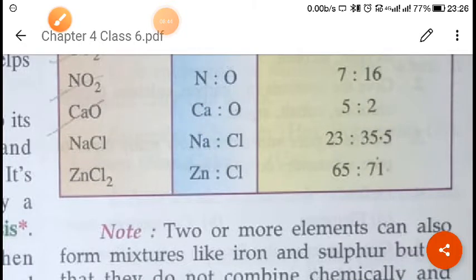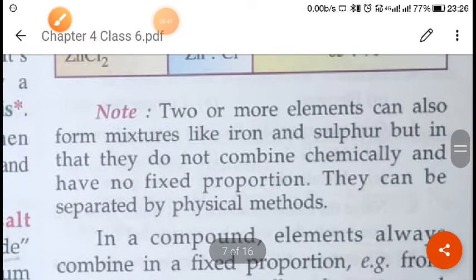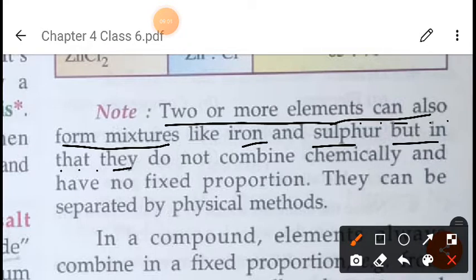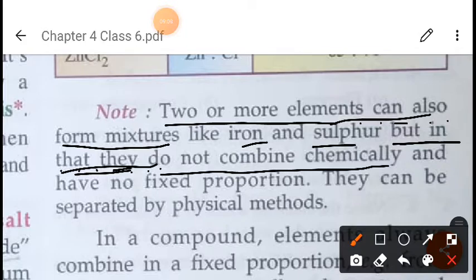So what we have to note here is that two or more elements can also form a mixture, like iron and sulfur. If you mix iron and sulfur, they will form a mixture. But in that case, they do not combine chemically and do not have a fixed proportion.